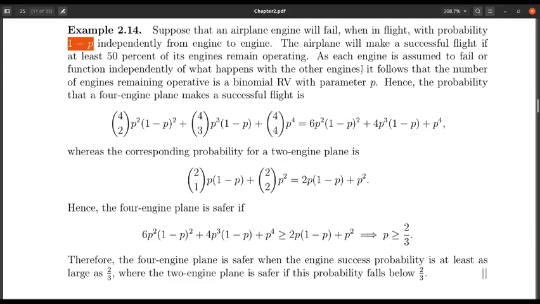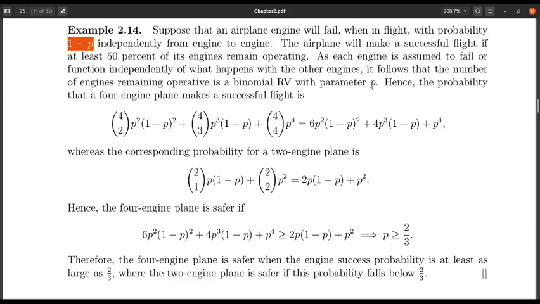As each engine is assumed to fail or function independently of what happens with each other engine, it follows that the number of engines operating is a binomial random variable with parameter p. So if I call x the number of successes, that means the number of working engines, then x is a binomial random variable.